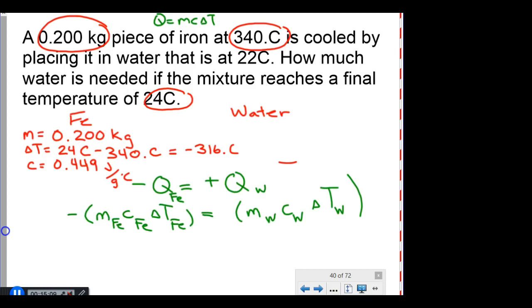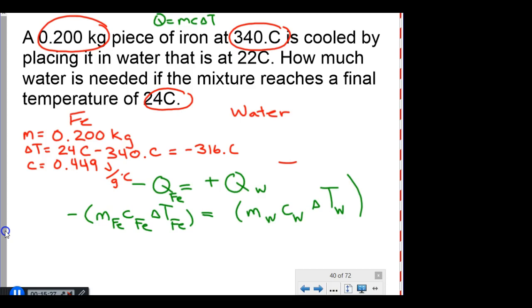If I look at the units of specific heat capacity, I should be able to identify that I'm going to have an issue with mass. Can you see what that issue is? This one's grams.